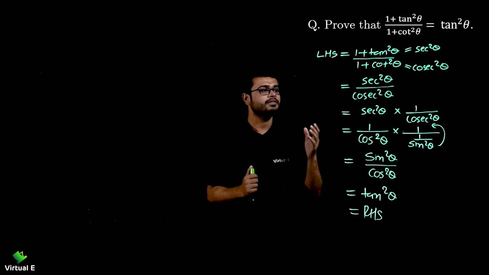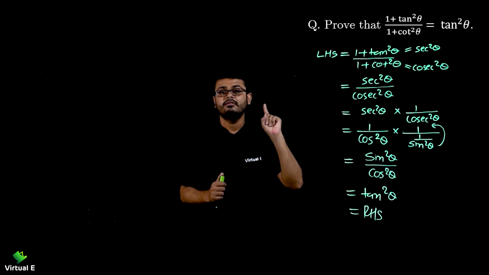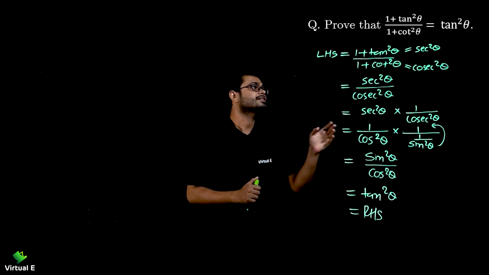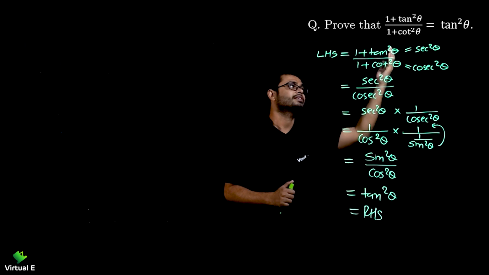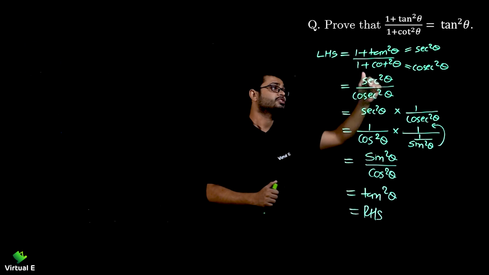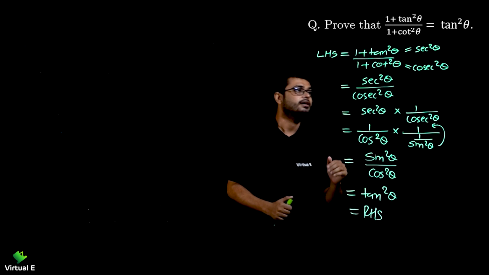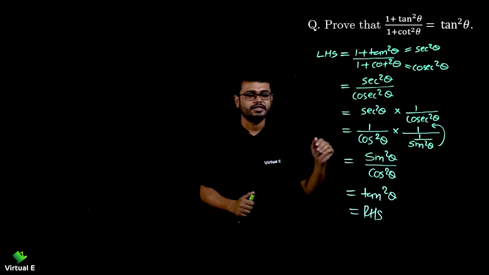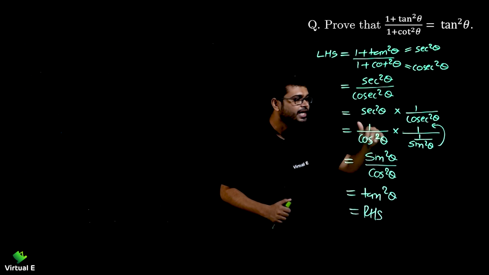Let's recall one more time. We need to use only two concepts, one for identity, another for reciprocal ratio. Let's start. 1 plus tan square theta, answer is sec square theta. 1 plus cot square theta, answer is cosec square theta. Now we have the simplification in the form of sec and cosec. We want to convert into sine and cos.